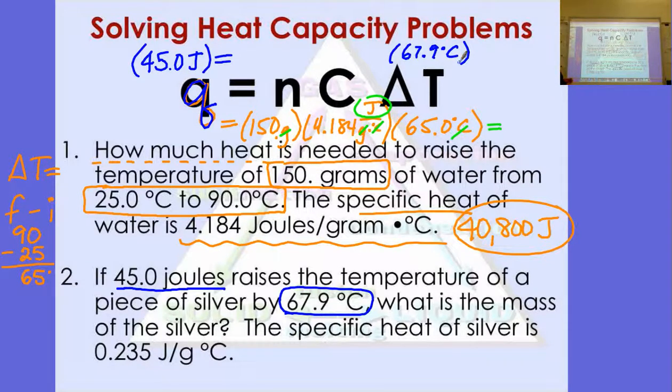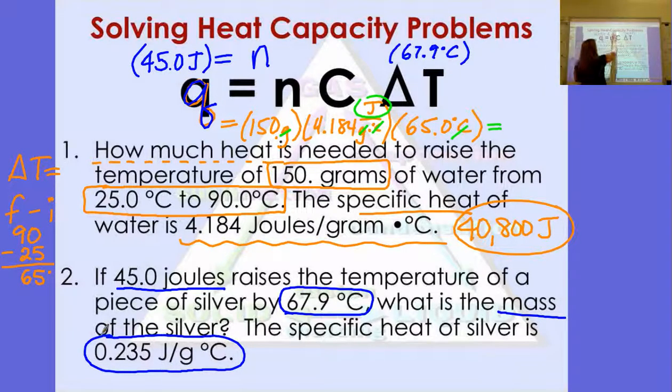I'm raising the temperature. What is the mass of the silver? Mass is N. That's what I'm solving for. I also need my specific heat value, or my C. The specific heat of silver is 0.235 joules over gram times degree.